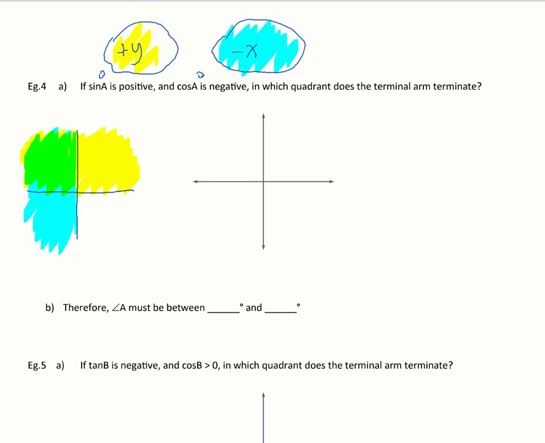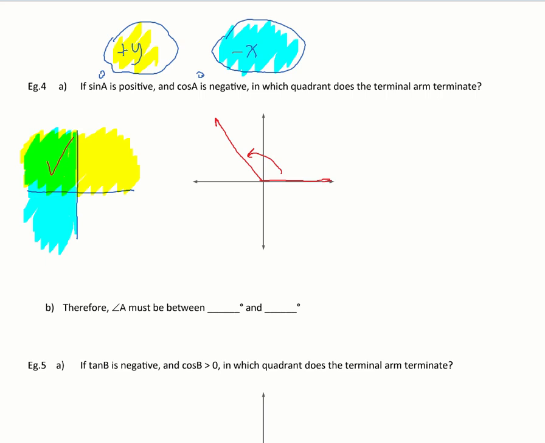The only quadrant that satisfies both of them is that quadrant right there. My angle must be in quadrant 2, and the terminal arm must terminate there, because that's where sine is positive and cos is negative.